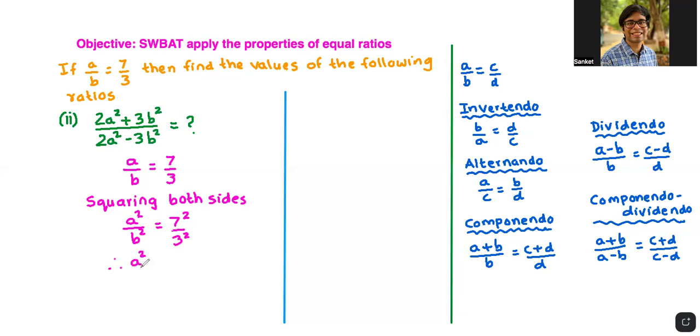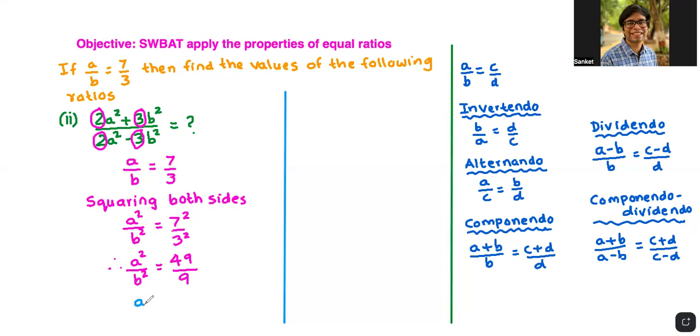Therefore, A square upon B square is equal to 49 upon 9. Now, can I apply componendo dividendo? If I apply it now, I would get A square plus B square upon A square minus B square. But I can see that that is not what I want. I want 2A square plus 3B square upon 2A square minus 3B square. So I can see that A square is multiplied with 2 and B square is multiplied with 3. So we need to do that as well.